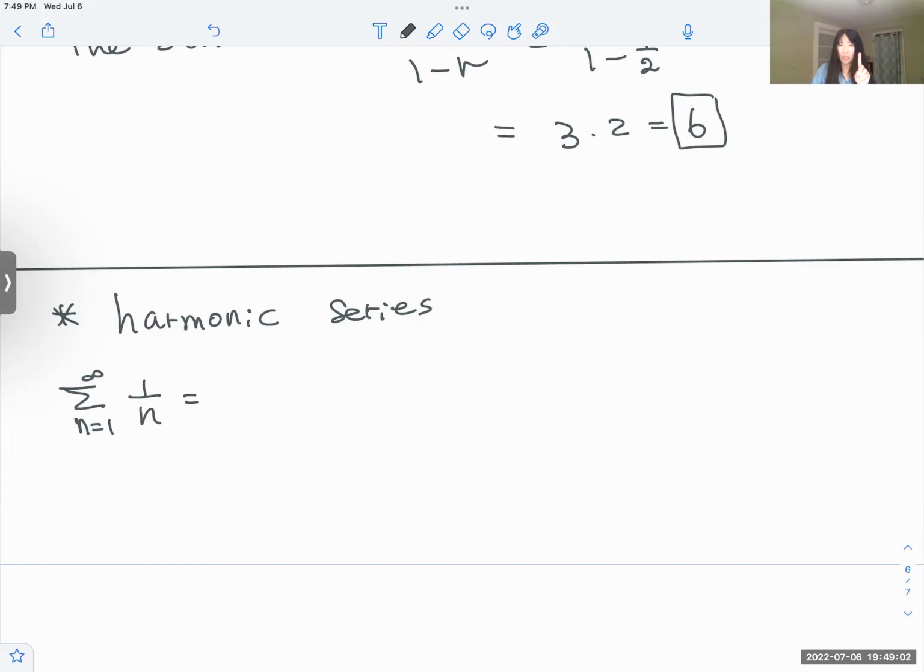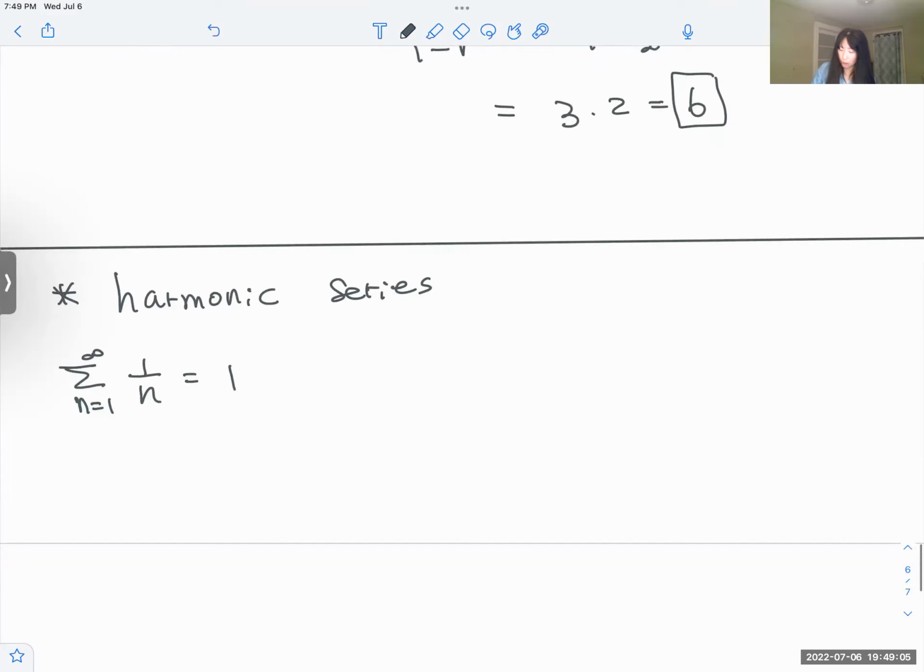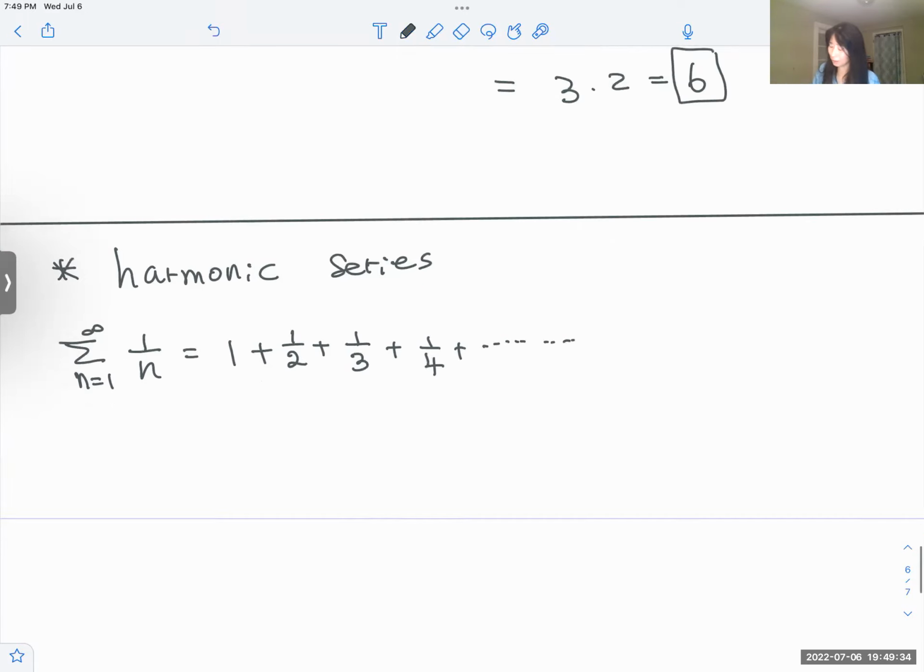Then I just want to extend this sum. When n equals 1, we have 1. When n equals 2, we have 1/2, then 1/3, 1/4. So what can you say about this one? Is it approaching 2? Okay, let's see.